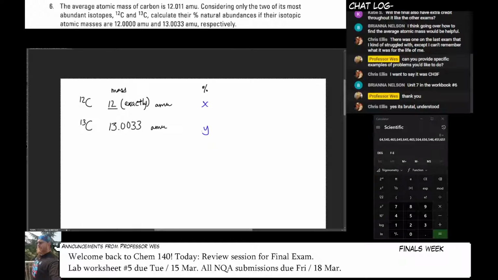So here's our information. And what we want out of this is to figure out the number at the bottom of the box for carbon here.